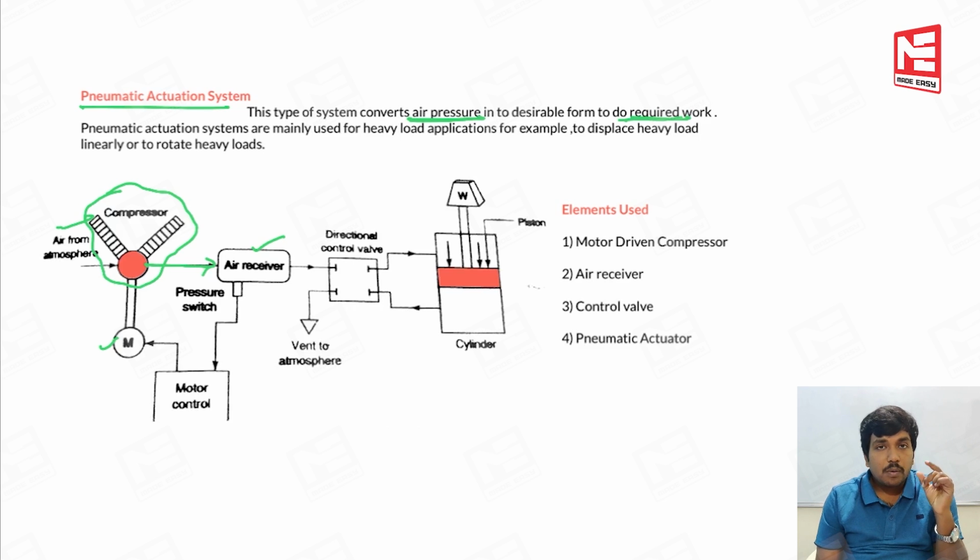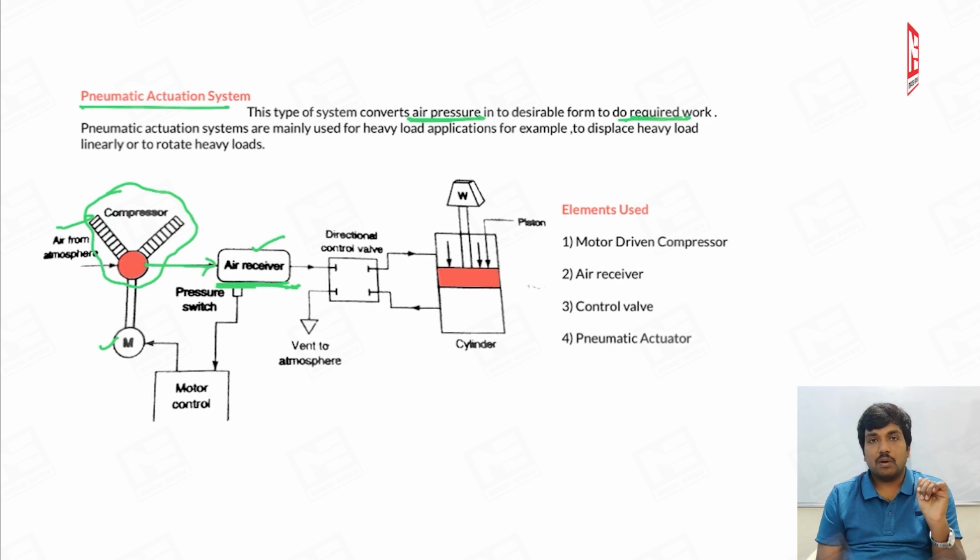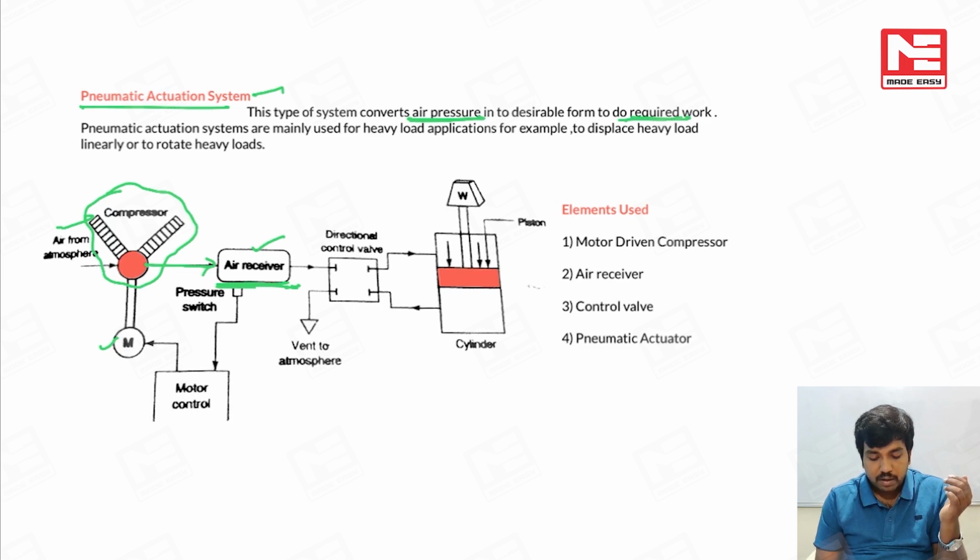So we need to keep an eye on the temperature. This air receiver regulates the pressure of the air, and also checks whether the temperature is changing or not, and what temperature it should be. All these things will be decided by the air receiver.